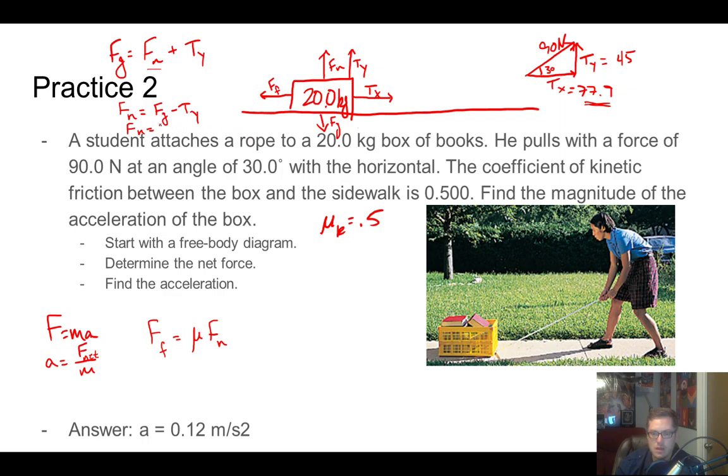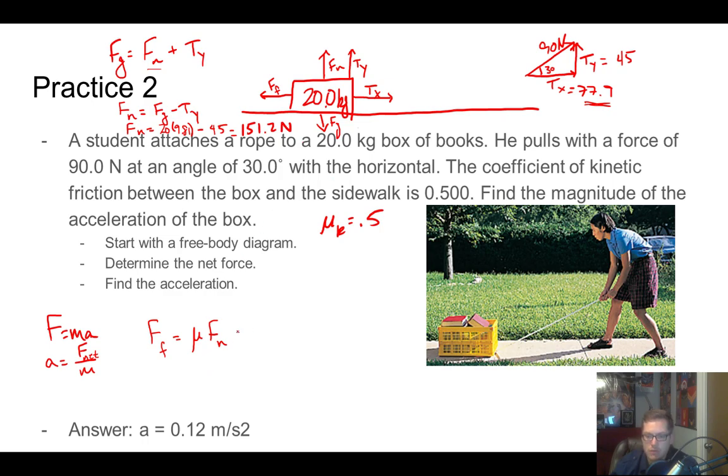So that's 20 times 9.81. Okay, minus Ty, which is 45, which is what we found before. All right, so that means our normal force is 20 times 9.81 minus 45. I got 151.2. So that's our normal force, 151.2 newtons. So that's our normal force that's pulling down.